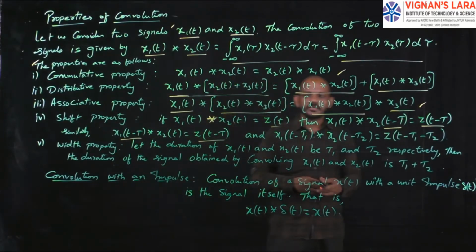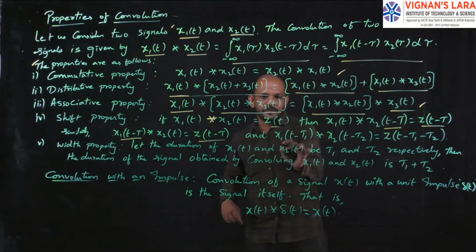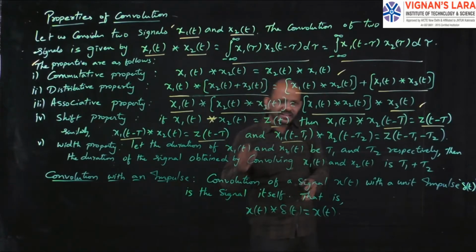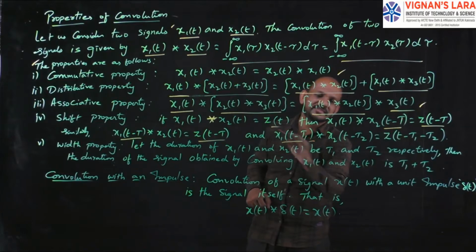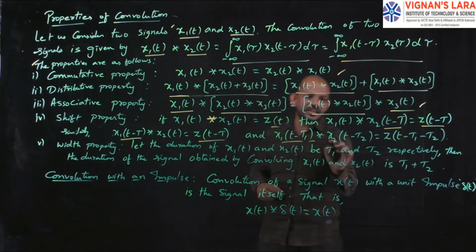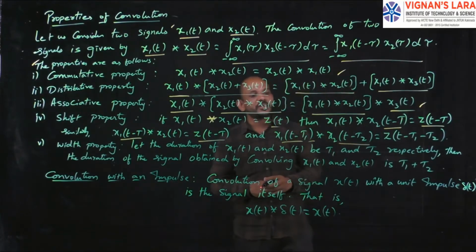Okay, same amount. And the last, x1(t − T1) convolution x2(t − T2).